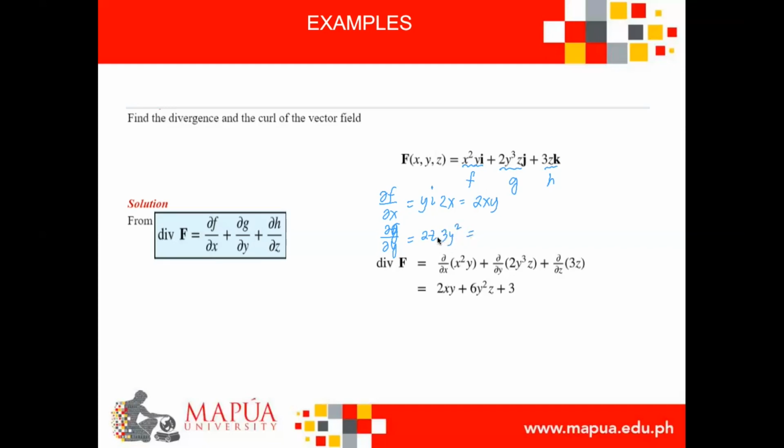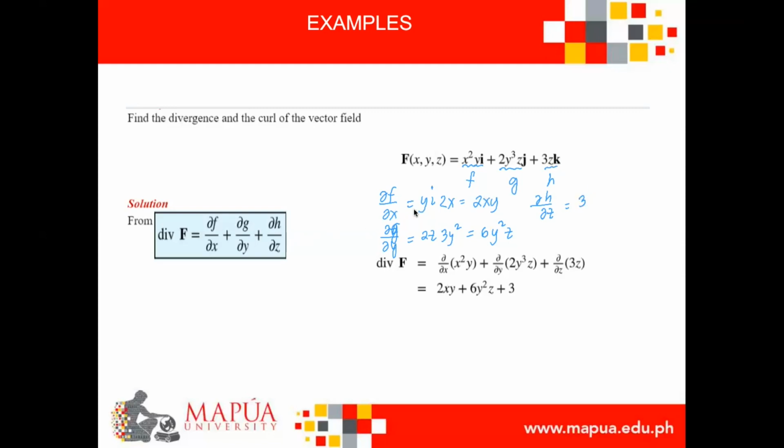When you simplify this, 2 times 3 is 6, then we have y squared z. Then lastly, we get the partial derivative of the function h with respect to z. Since we have 3z k, or just simply 3z, this will just be 3.